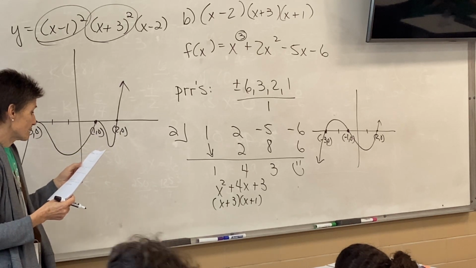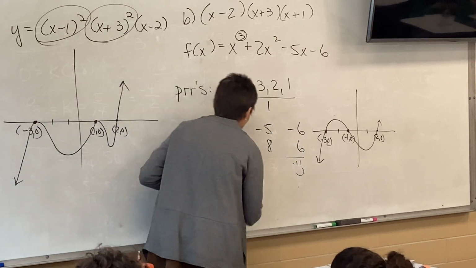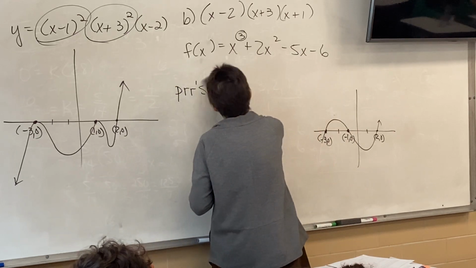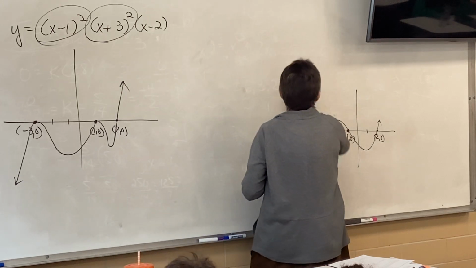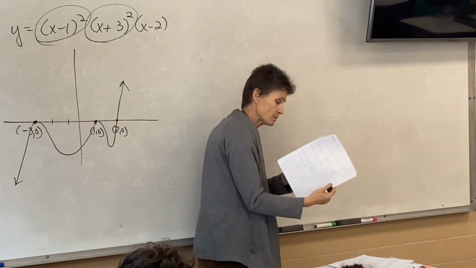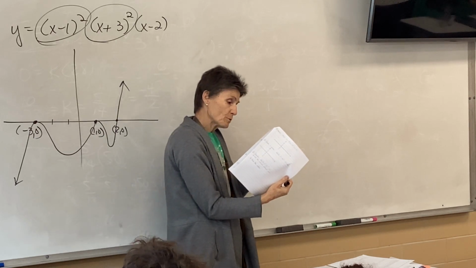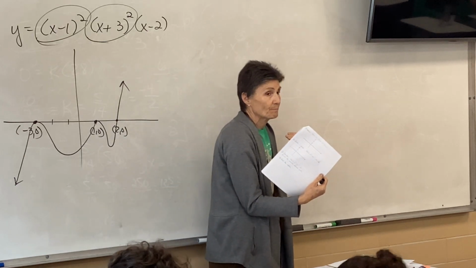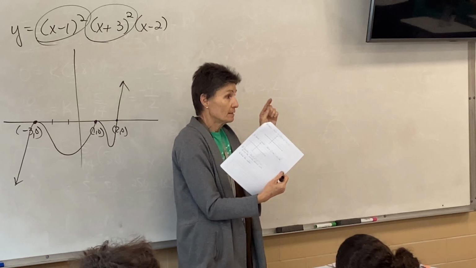Alright, that was 7, now we're on to 8. Factor and sketch. Now, I have tried to make this as least confusing as possible. I want you to look at problem number 6 that I just erased. If you look at problem number 6 and problem number 8, they look very much alike. But notice, with problem number 6, I said, list the PRRs.